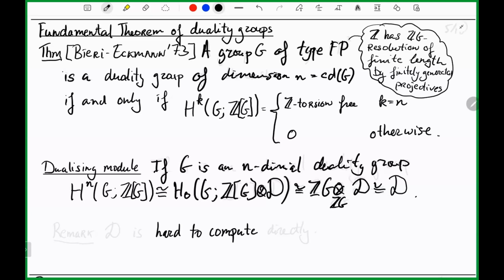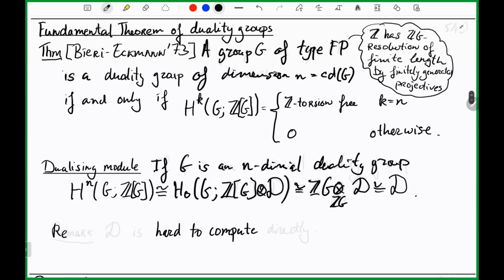But to get to answering Rudy's question, in general this D is hard to compute directly. There are some really nice proofs. For example, it turns out that mapping class groups of surfaces are duality groups, and there's a really cool proof that shows that the dualizing module is the same as the homology of the curve complex.